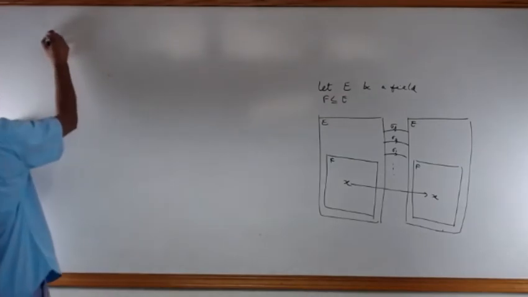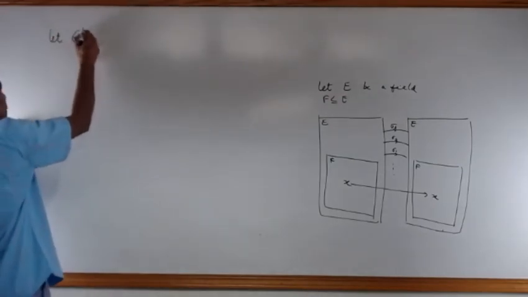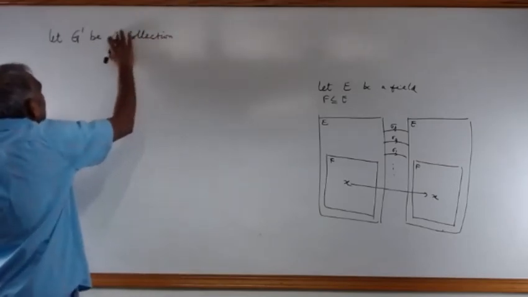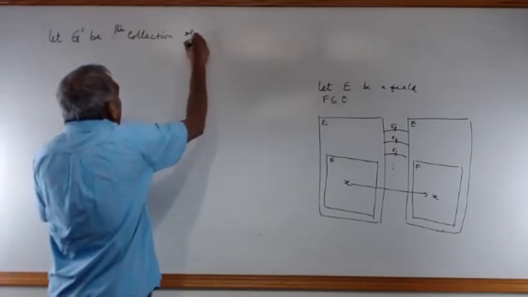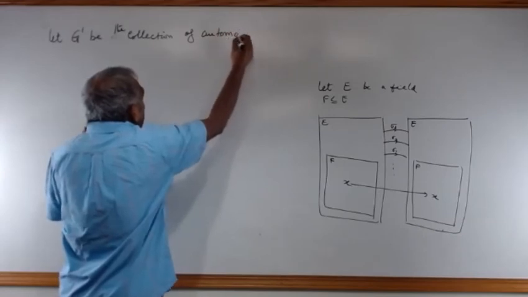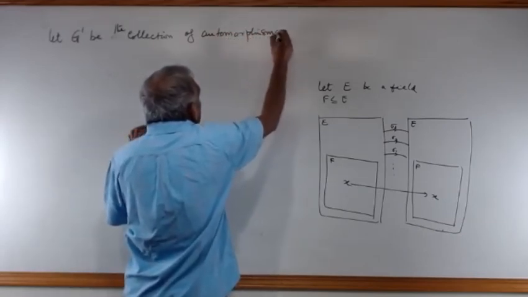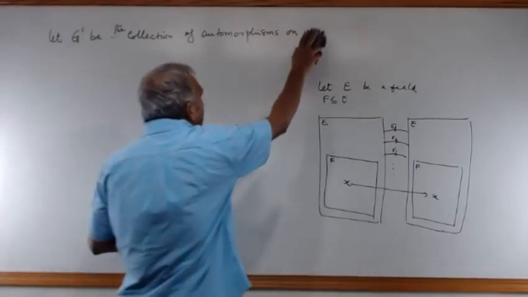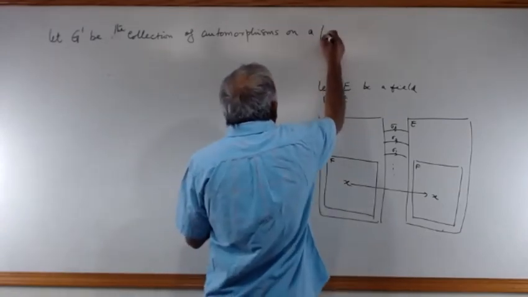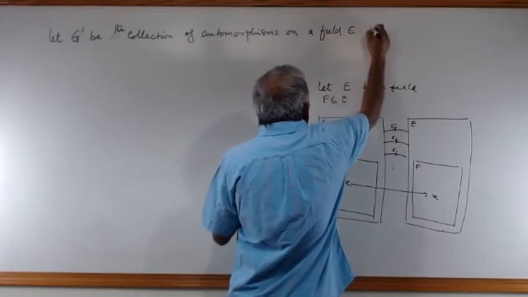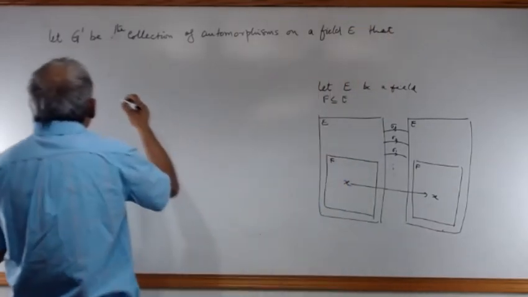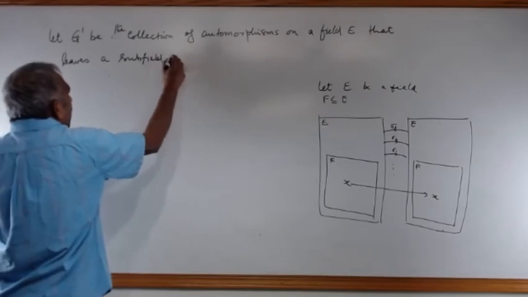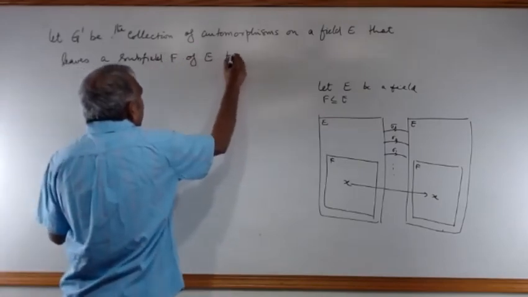So let us assume that G prime is the collection of automorphisms on a field E that leaves a subfield F of E fixed.